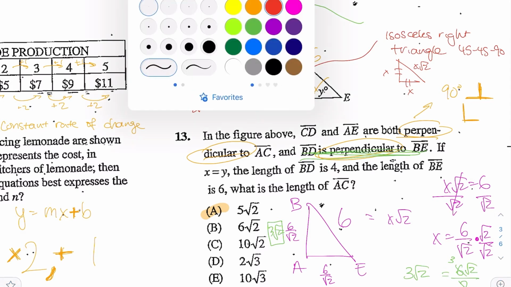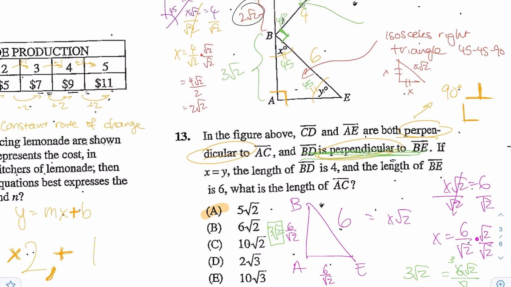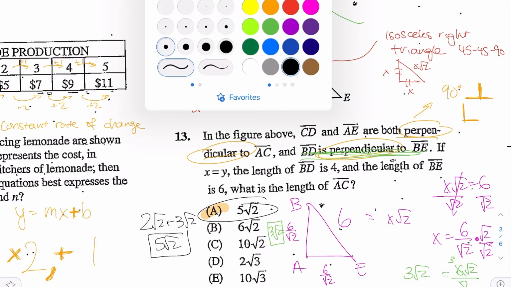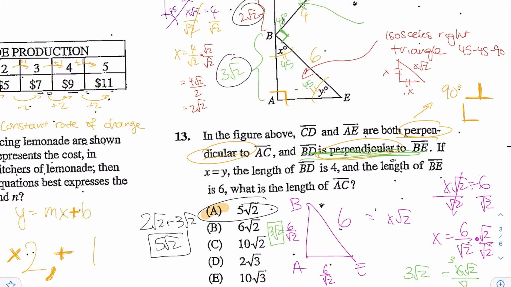And to get the total, you'll have to add 2 root 2 plus 3 root 2. And these are like terms, so you add the 2 and the 3, which becomes 5 root 2. Choice A. So the key here is to figure out that you have 2 sets of isosceles right triangles with sides ratio of x, x, and x root 2.